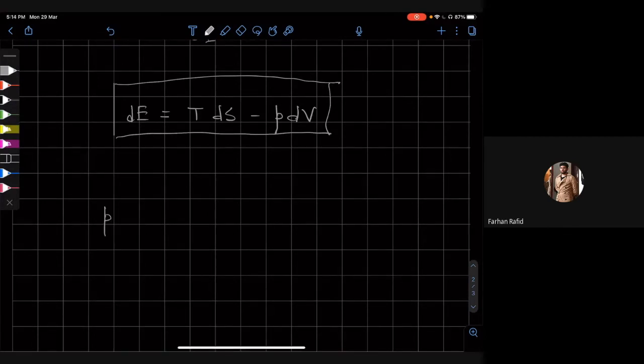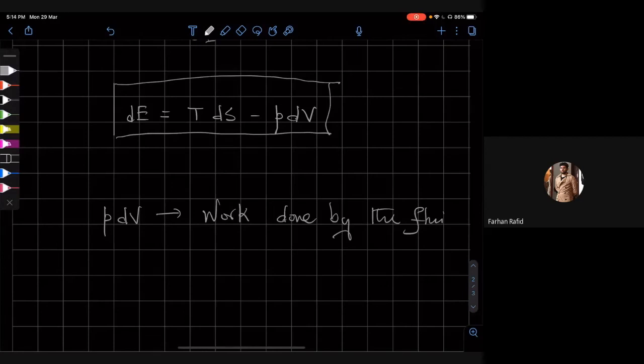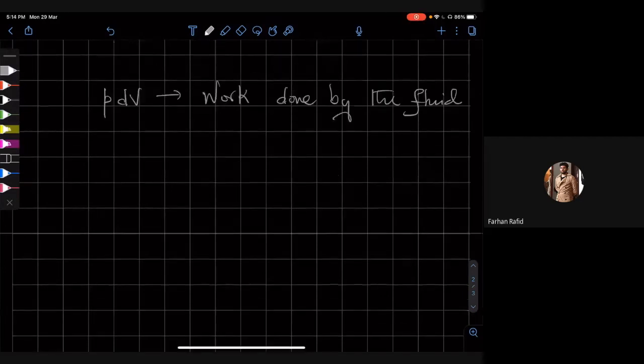The P dV term is the work done by the fluid. And the way to understand this is that suppose we have a fluid in a box and it had some piston on it.